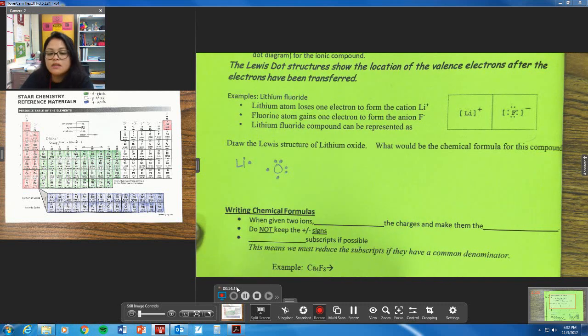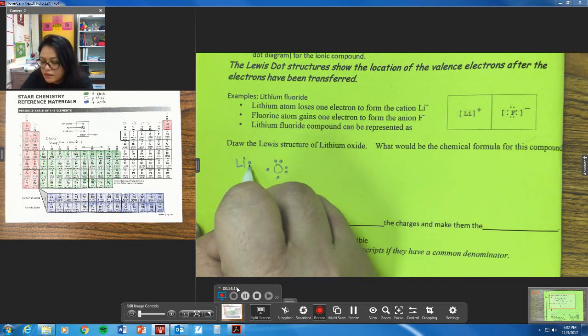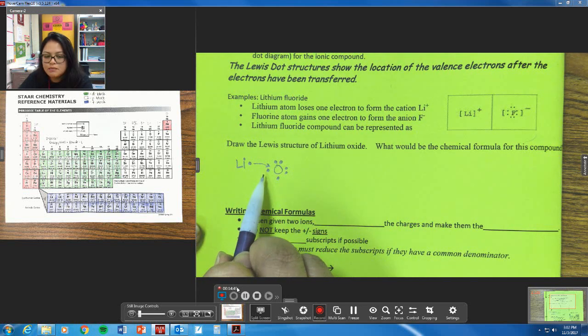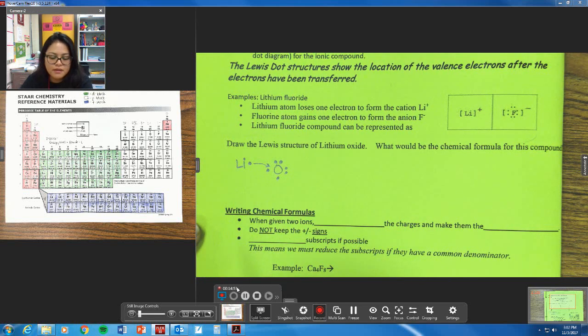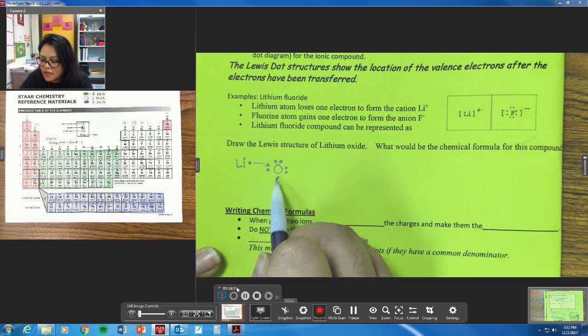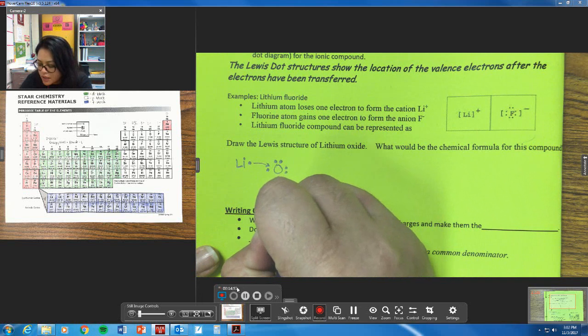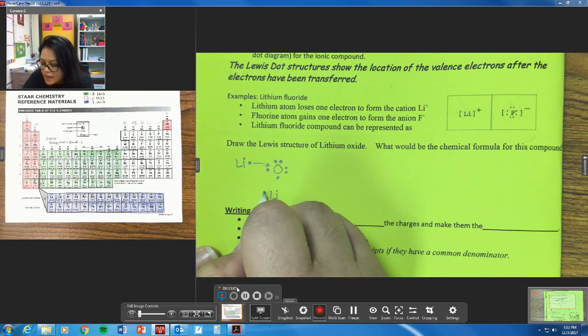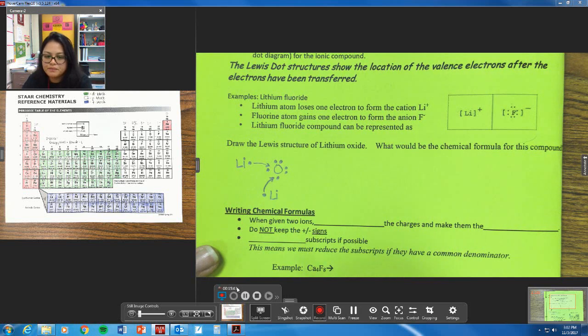Just like the seats on the bus, lithium doesn't want this electron anymore, so this electron is going to come over here and sit by this electron on the bus. We have 1 more seat available, so we're going to add another lithium. Lithium has 1 valence electron that it's going to donate to oxygen.